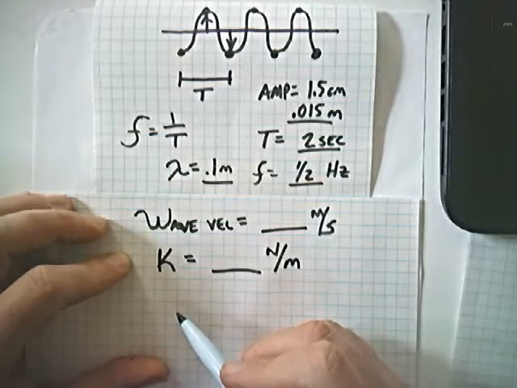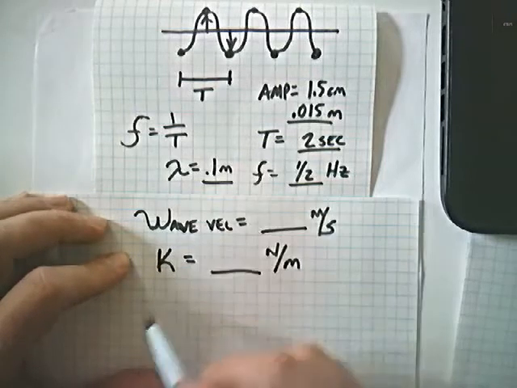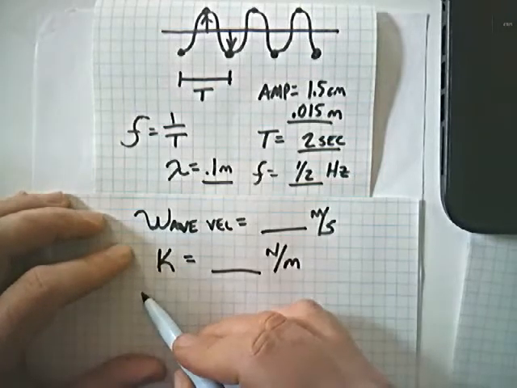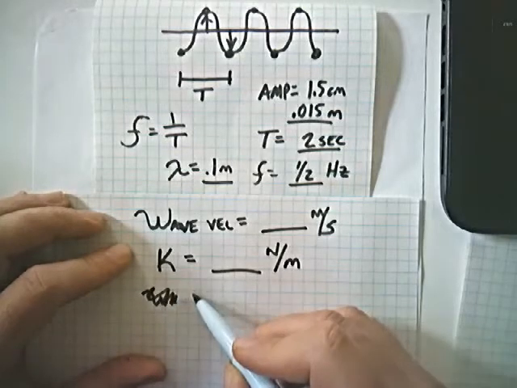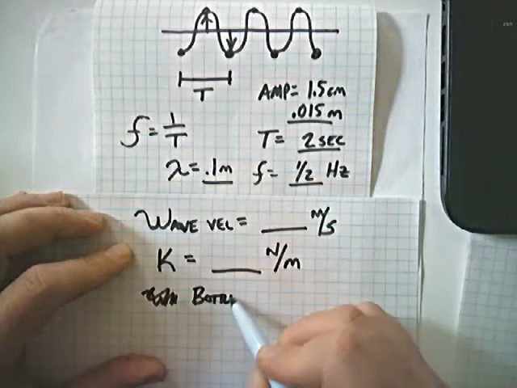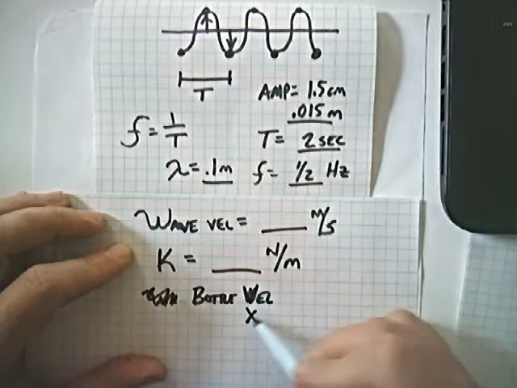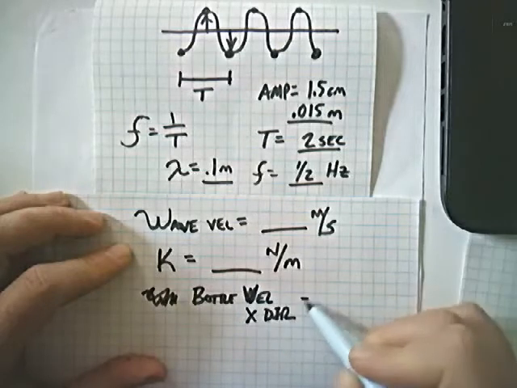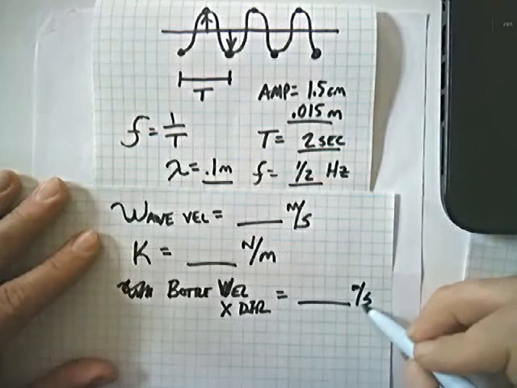Another thing I'm going to have you find on the problem set is going to be the speed of Lucy. So we're going to do velocity, not wave, let's do water bottle, or bottle velocity, in the x direction. Depends on the wave type whether or not you'll get an object propagating.